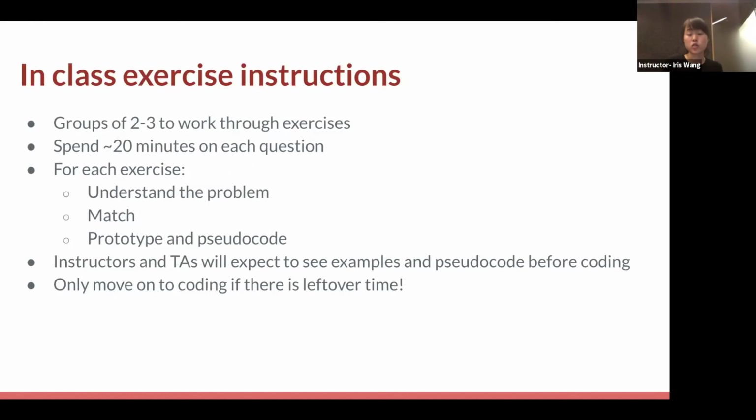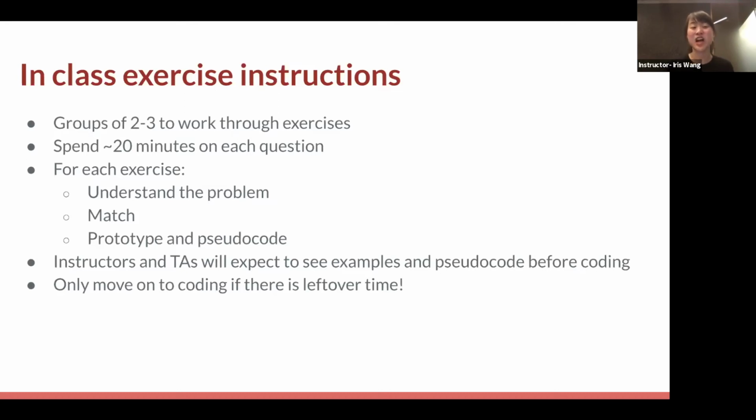The instructors and TAs will expect you to have some examples and some pseudocode out before you try to implement it. We only have around 20 minutes per question, so that might not even be enough time to implement it. So at least get the pseudocode out there. If you have leftover time, move on to coding.